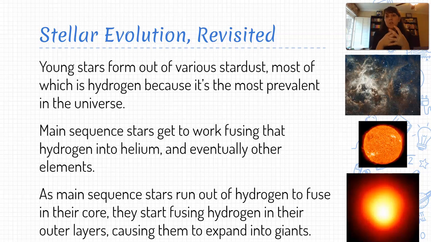As we use up all of the hydrogen in the core, we start moving those reactions out into the outer layers of the star. That is what causes our main sequence stars to expand out into red giants and red supergiants, as those hydrogen fusion reactions move from the inner layers to the outer layers.